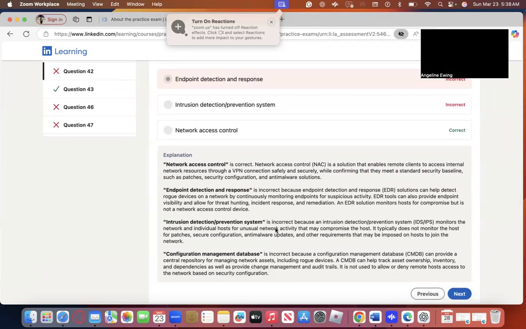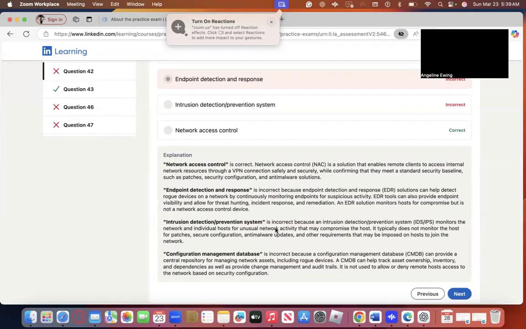The first incorrect answer is endpoint detection and response. It's incorrect because an endpoint detection and response, EDR, solution can help detect rogue devices on a network by continuously monitoring endpoints for suspicious activities.